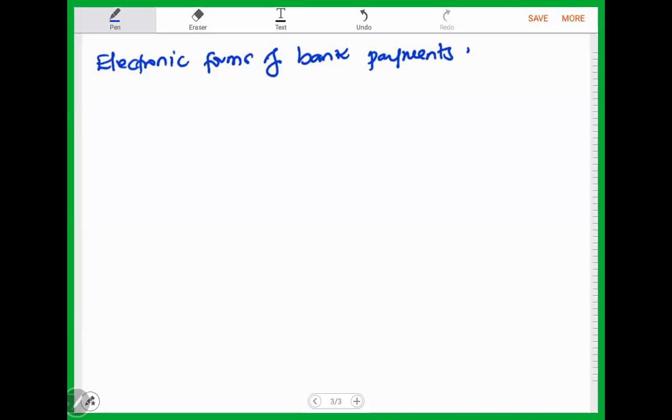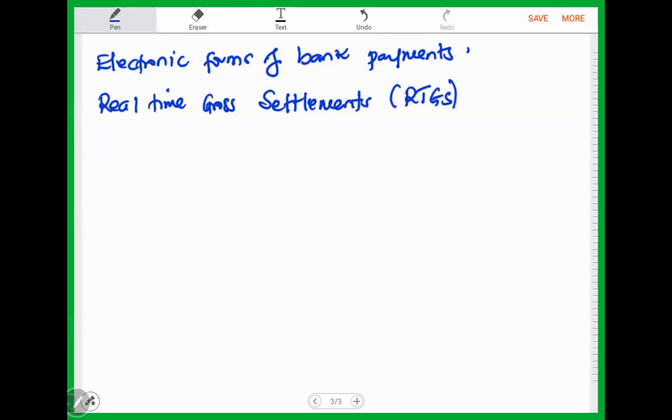So let's look at real-time gross settlements, RTGS.